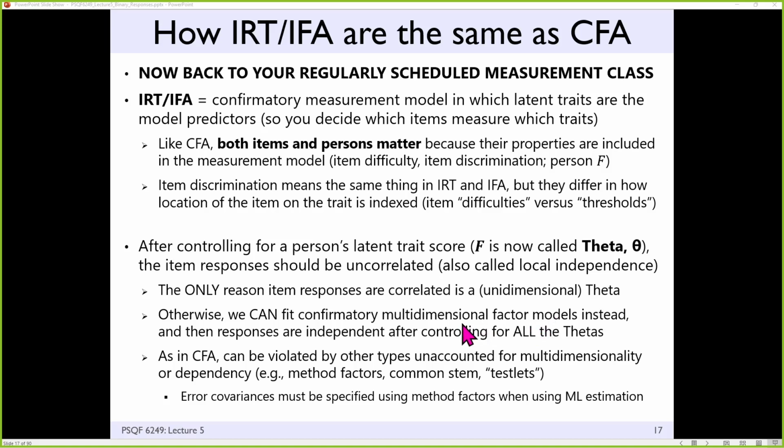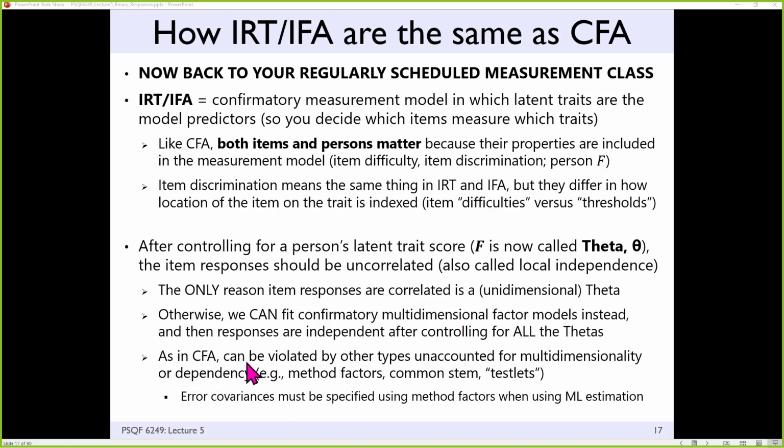If you have to add more than one factor, that is called a multidimensional model, which is a distinction that CFA doesn't make. Like CFA models, it's like, how many factors do you have? 1, 2, 3, it's still called CFA. Not here. It's IRT, which is unidimensional in the way people talk about it, or multidimensional IRT. But no, the rules are the same. You can have as many traits as it takes. It's a lot harder to estimate multiple traits, but that doesn't mean you can't have them.